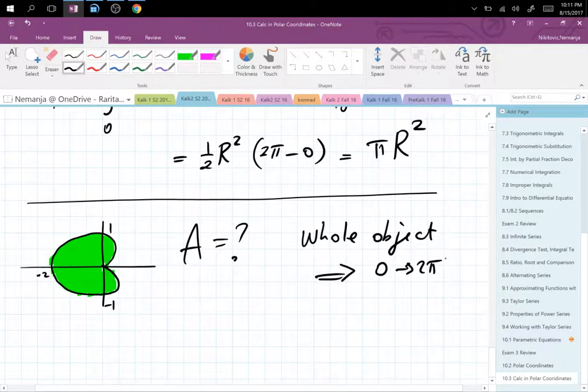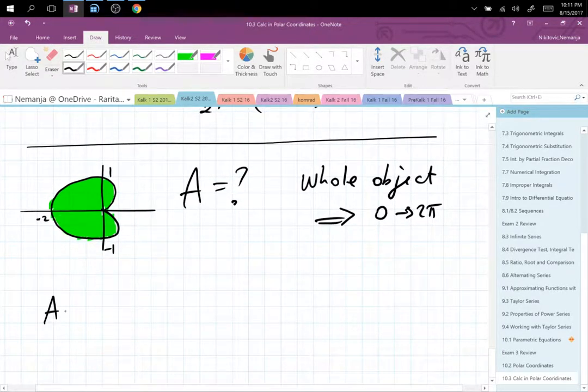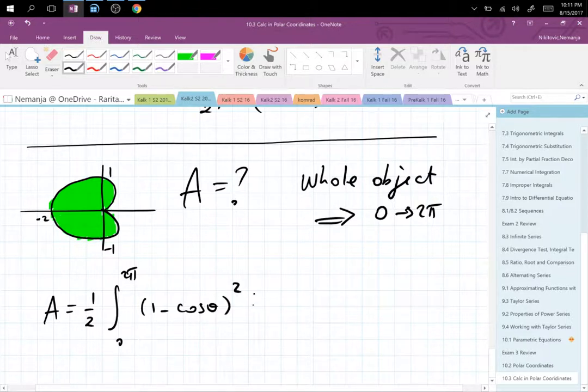I will also cover something else very soon, so we might stay 5 minutes over or so, but let's immediately calculate this area. 0 to 2 pi, 1 minus cosine theta, everything squared d theta.